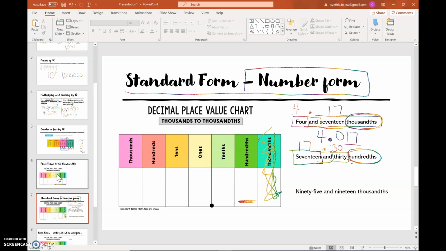So my whole number is 17. 17 has 1 ten and 7 ones. And it has 30 hundredths. So I need to make sure the last digit in 30 is in the hundredths. In the number 30, I have 3 tenths and 0 hundredths. 17 and 30 hundredths. Same thing for the last one.